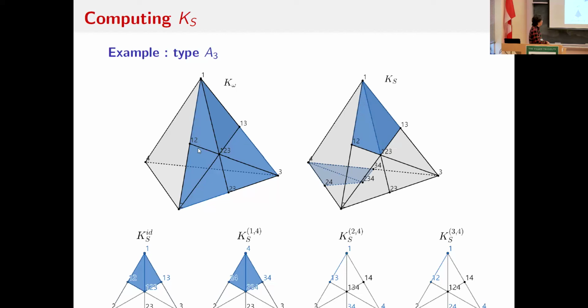And here, KS 1,4 is a piece of K14. So we union all these four pieces, then we can obtain this KS.